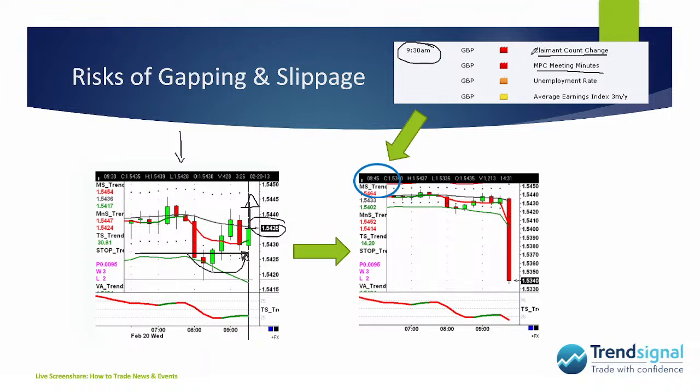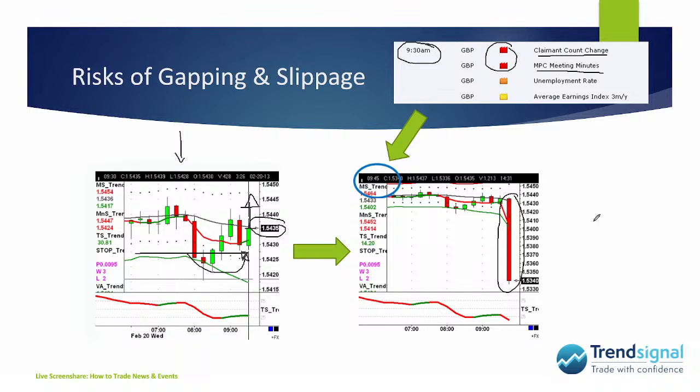So as economic data is released, particularly the higher impact stuff, it's more likely to have a big impact on the price. Okay, the more important the data, and the further away the data is released from the expectations, i.e., we're expecting 100,000 jobs created, but it only came in at 1,000 jobs, whatever it is, that can have a big impact on price.